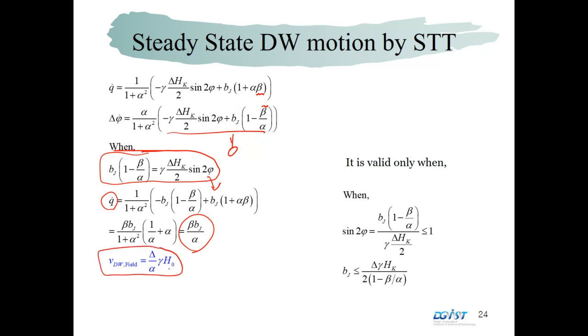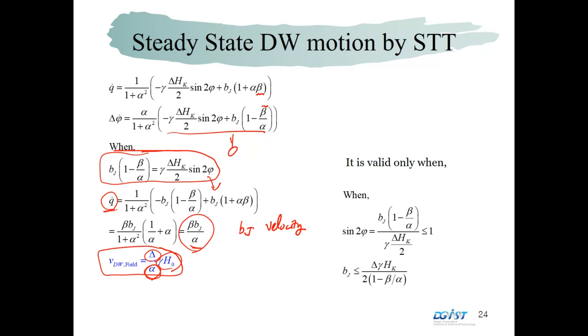Okay, let's compare to the field case. In the field case, we have gamma 0 of the frequency multiplied by delta, and we can obtain some velocity, and the ratio, with alpha in the denominator. And here, Bj is a velocity, the unit of velocity by the current.